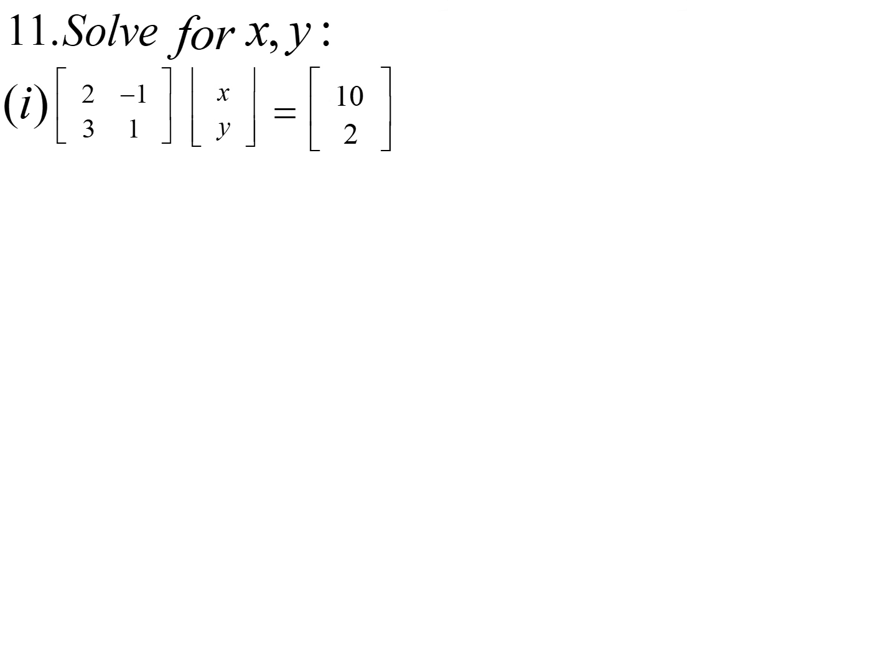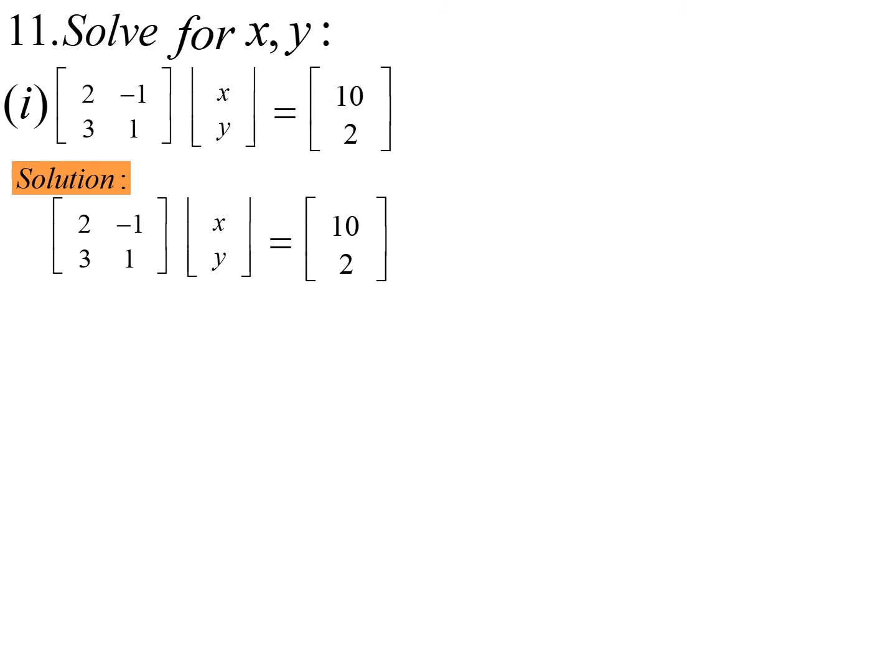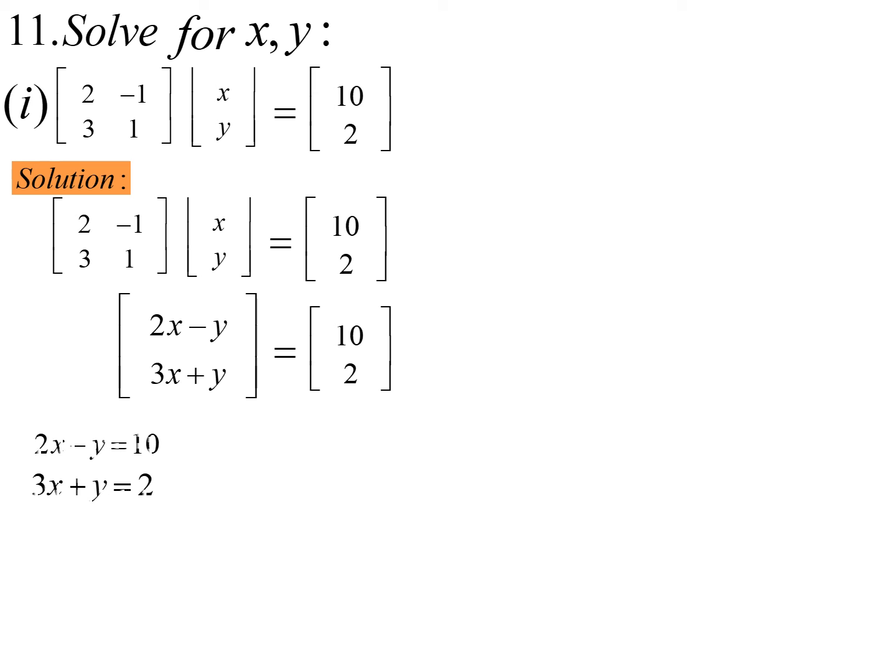Eleventh problem: solve for x and y. First one, solution. Given the matrix we wrote, multiply the left side: first row with first column, that is 2x minus y, 3x plus y equal to 10, 2. We equate this.